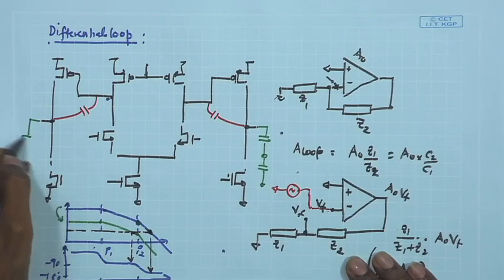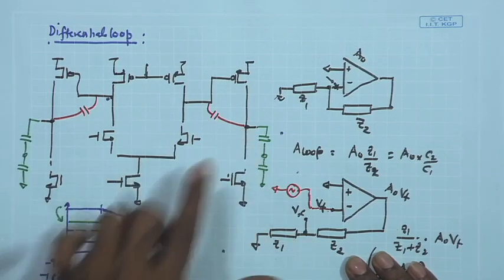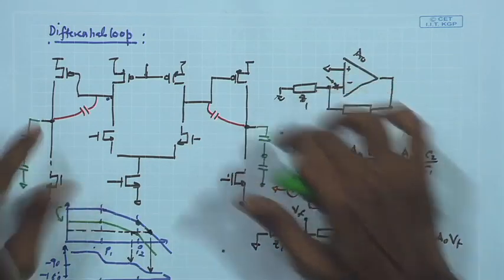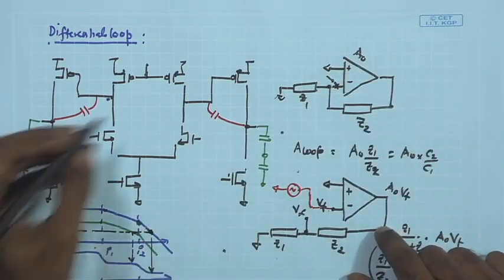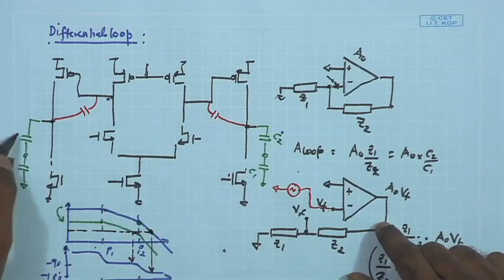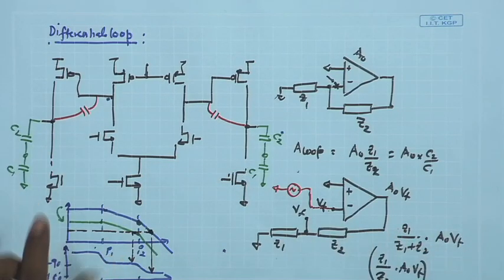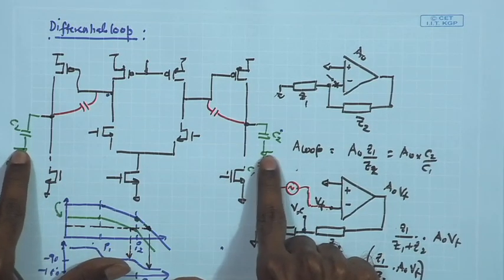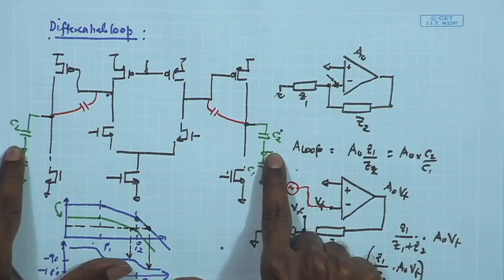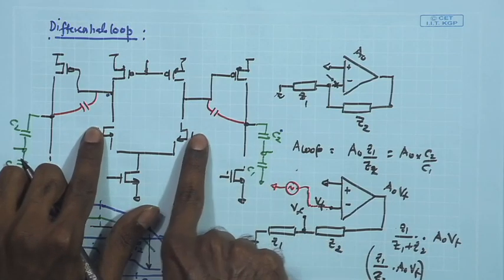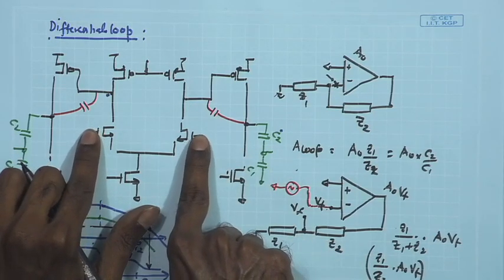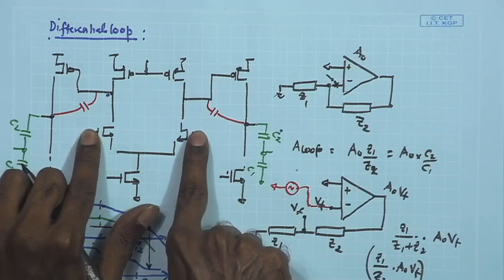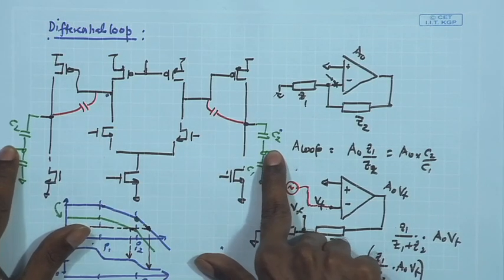So, for the fully differential operation, you have C1 C2 connected from each output to ground. The loop gain will be observed by checking these two signals while applying a differential input signal at the two inputs, and finally looking at the output signal over here.